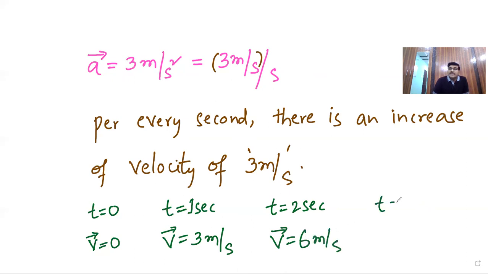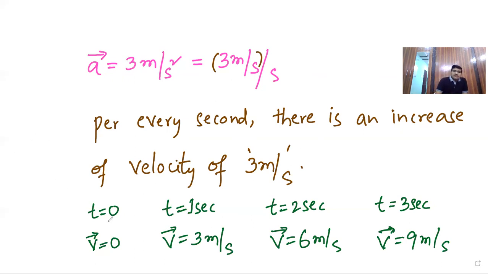When time is 3 seconds, the velocity again increases per second by 3 meter per second. 6 plus 3, 9 meter per second. That is the velocity: 9 meter per second. Clear?